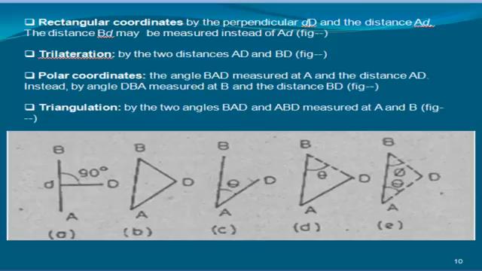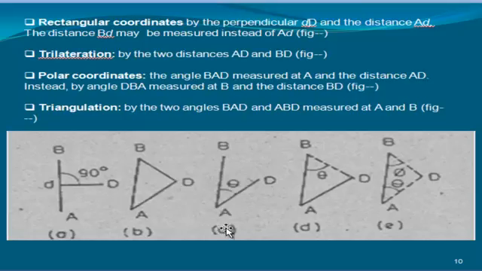Because we know the distance between A and B, to locate D in this method, we have to draw a perpendicular from D to AB and measure the distance AD or the distance BD. Next is trilateration. In this method, the point D can be located by measuring the distances BD and AD, and the intersection point of these two distances will be the point D.